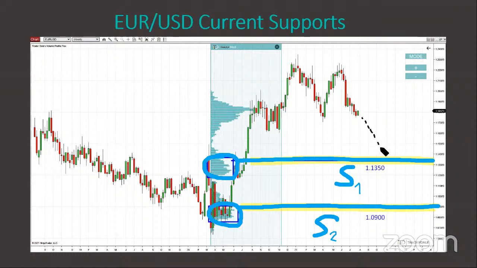So when there's the pullback, you enter your long from there. That's the first half of the position. And if the euro continues to fall, then you want to enter the second half of the position.